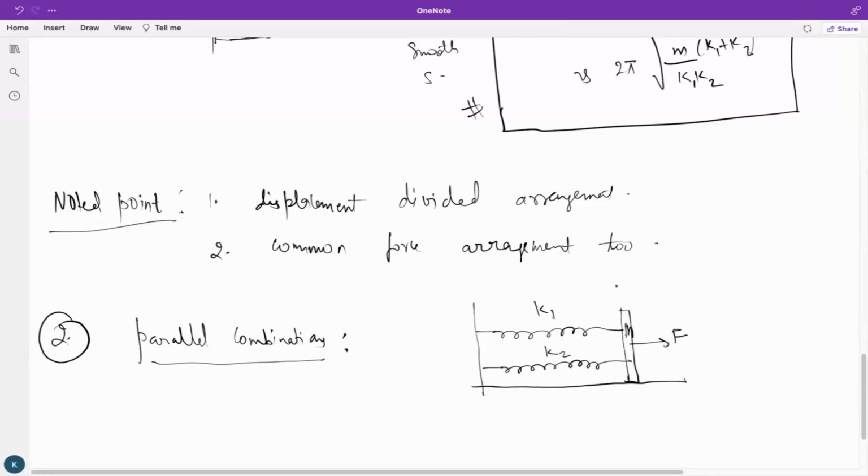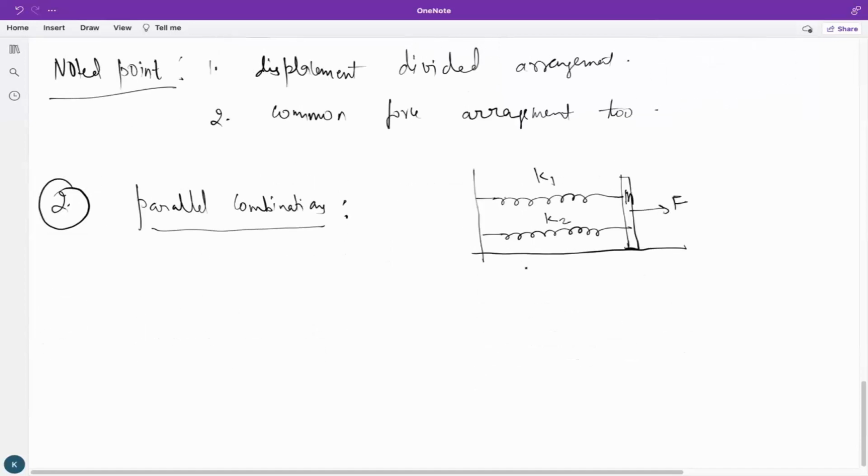Now what I'm trying to say here is there are two springs parallelly connected to one block. Spring one and spring two are both connected in parallel to the mass. Now, if I displace that mass by x, both springs are displaced by x.